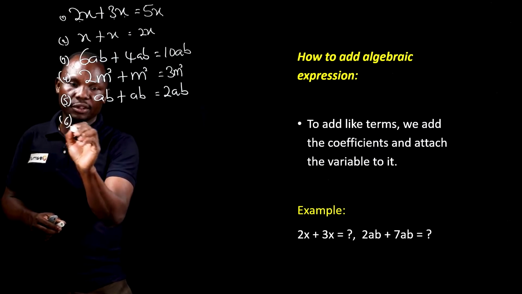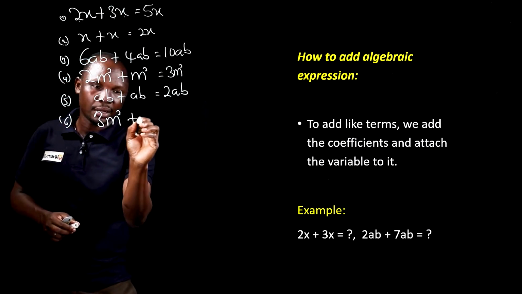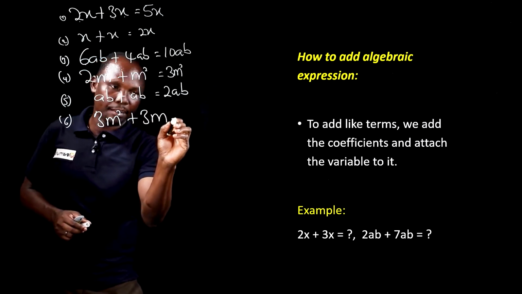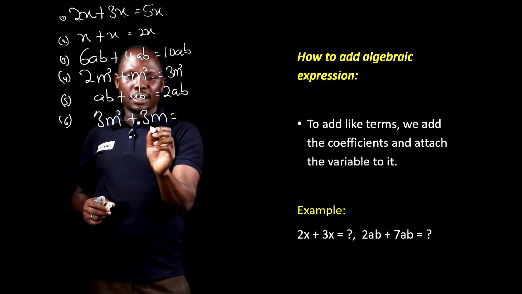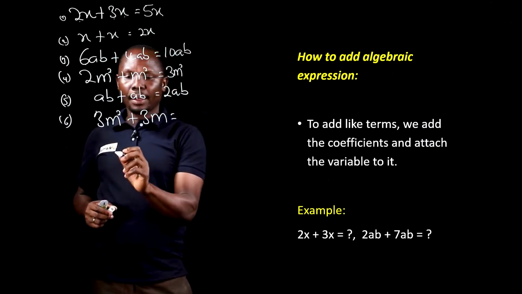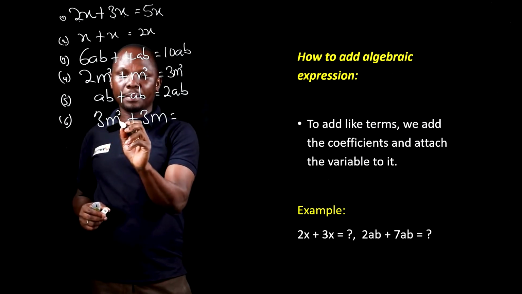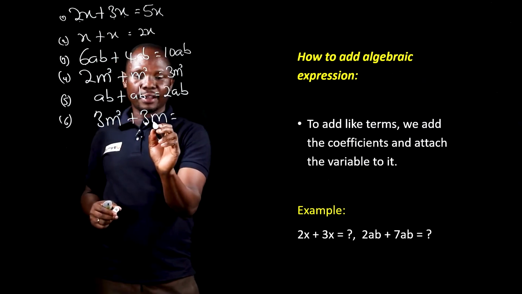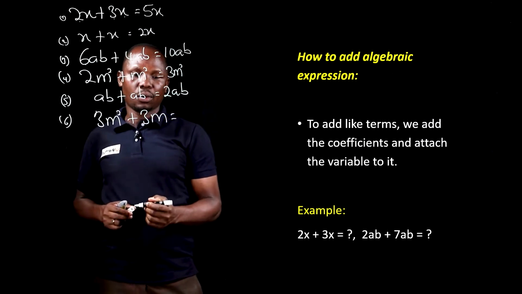Now, if we have 3m squared plus 3m, in this case, the variables are the same, but the power of the first term is 2, and the power of the second term is 1.